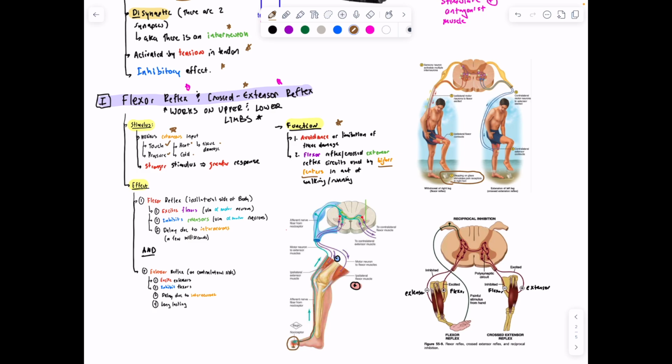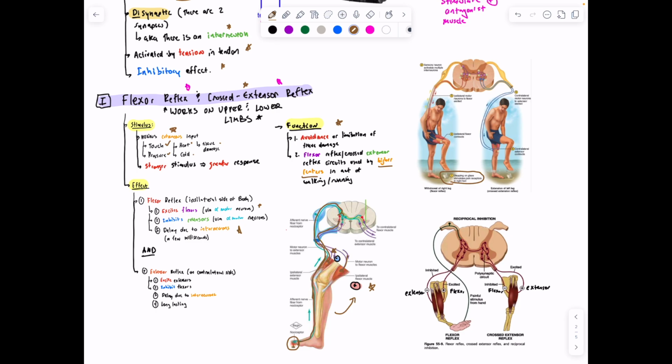You stepped on something bad, dorsal root ganglion, synapse on inhibitory and stimulatory interneurons. You're going to excite the flexors right here, and you're going to inhibit the extensors so that you pull your leg away. All right, so flexor reflex and crossed extensor: contract your flexors, inhibit your extensors.